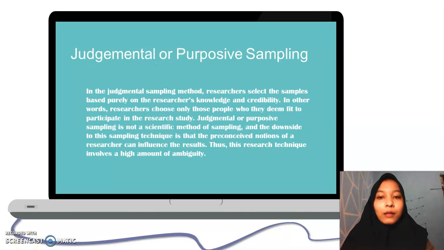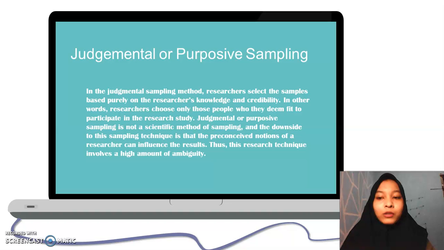Next is judgmental and purposive sampling. In the judgmental sampling method, researchers select the samples based purely on the researcher's knowledge and credibility. In other words, researchers choose only those people who they deem fit to participate in the research study.